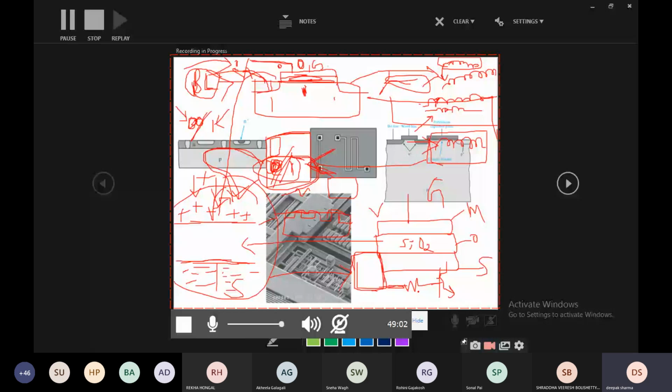If we use gold in the ICs, then your ICs will cost more. So because of cost, we do not prefer gold, but we prefer aluminum, or sometimes copper is also used. Aluminum and copper are the best conductors for these contacts and interconnections.